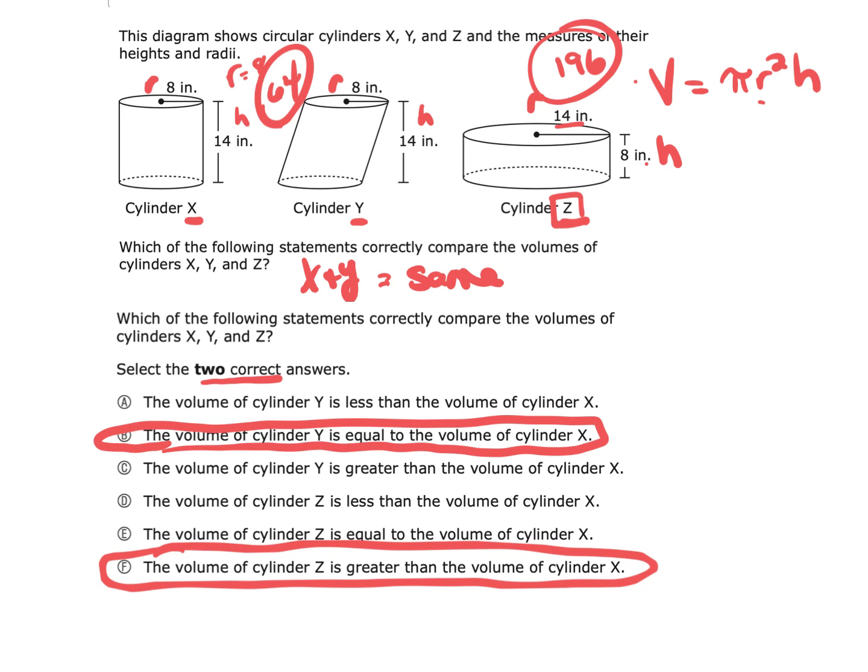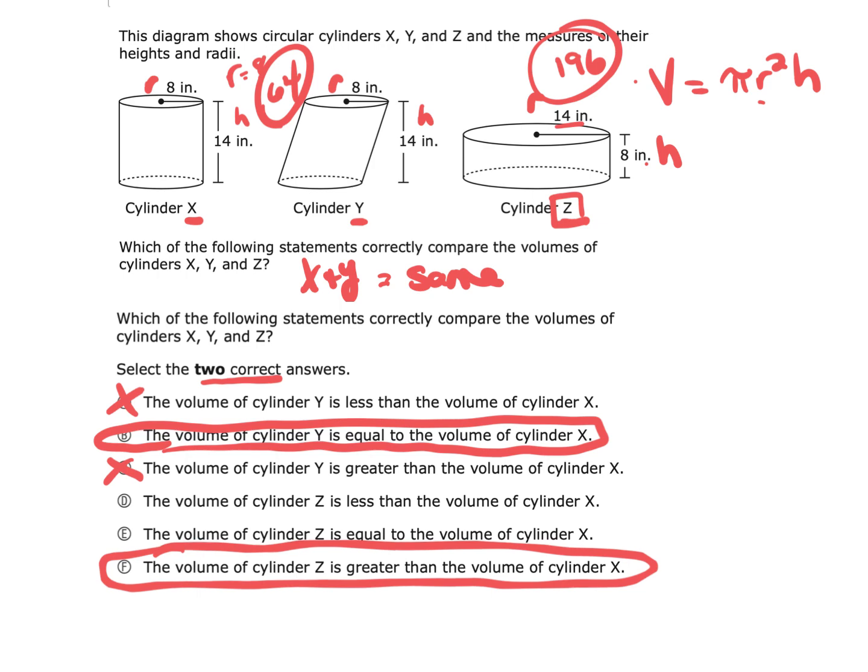And of course, Y, we determined that cylinder Y and X are equal, so neither one of them can be greater or less than the other. So those are our cylinders.